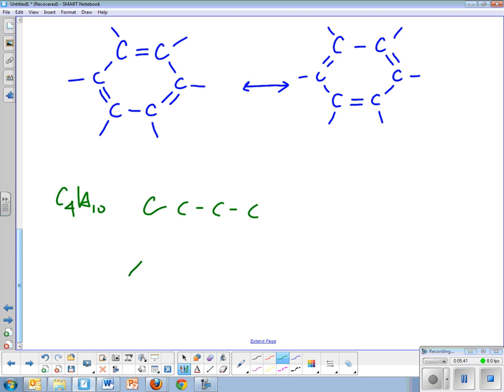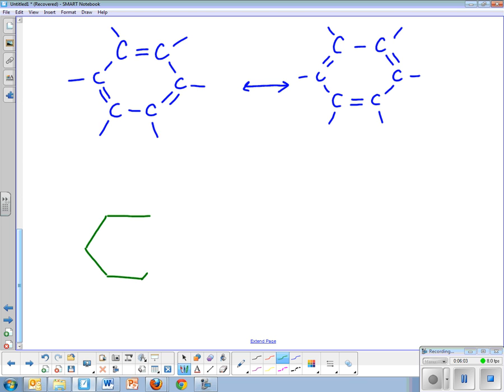So another way to draw this would be like this. And then each point, so this is a carbon, this is a carbon, this is a carbon, this is a carbon, to simplify it. So when we do benzene, showing this hexagonal shape, you'll see it's drawn many times like this.